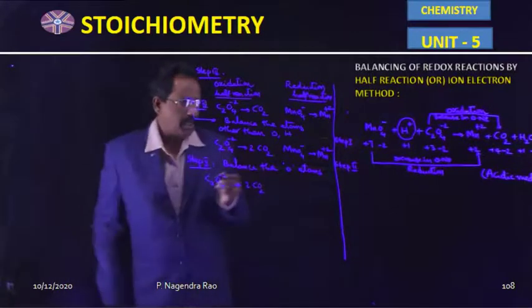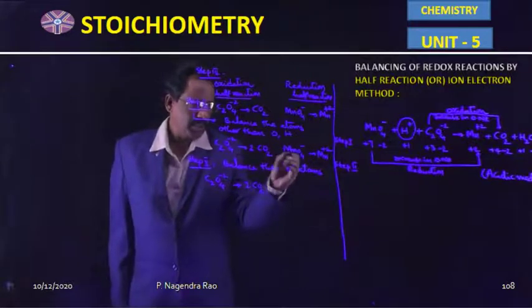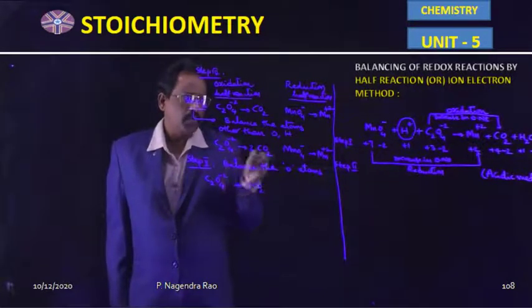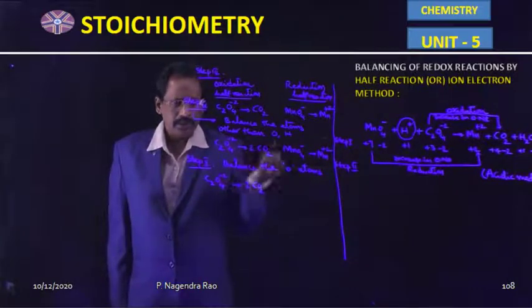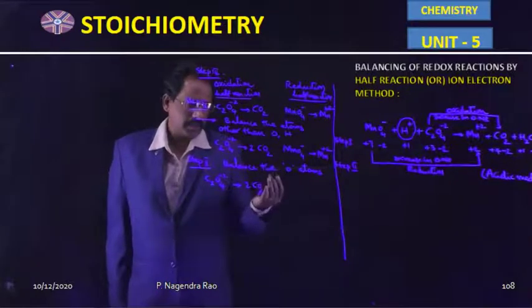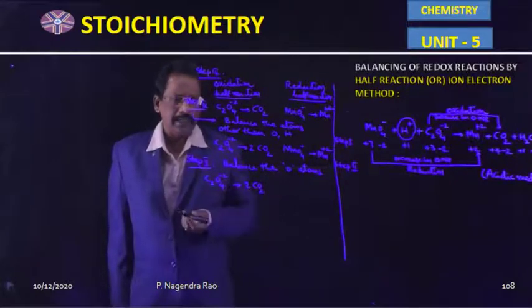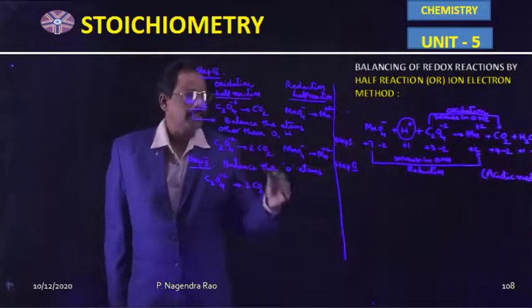In the reduction half reaction, in the reactant side, 1 into 4, 4 oxygens. In the product side there is no oxygen. So to balance the oxygen atoms, add the required number of H2O molecules.